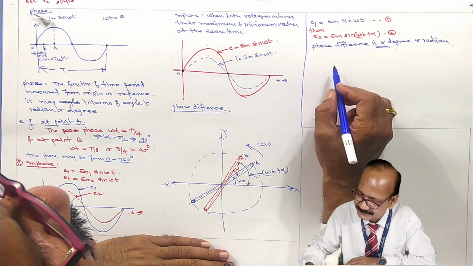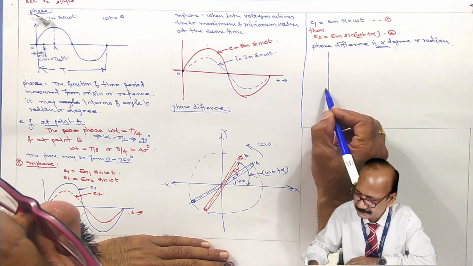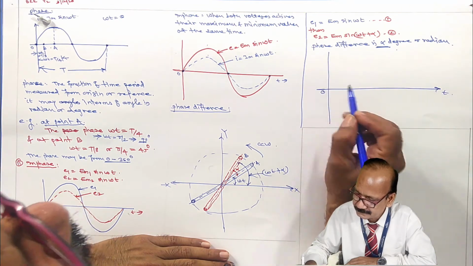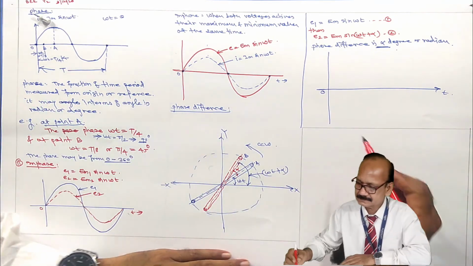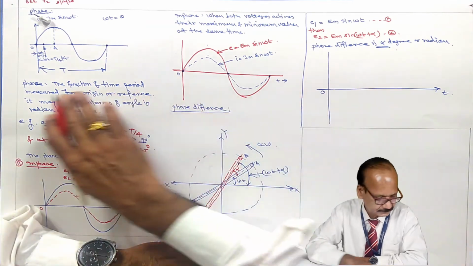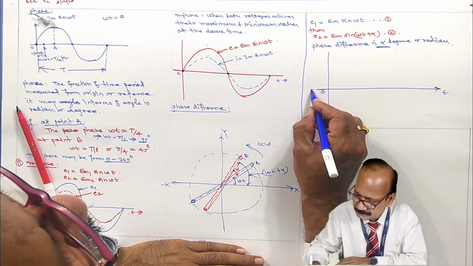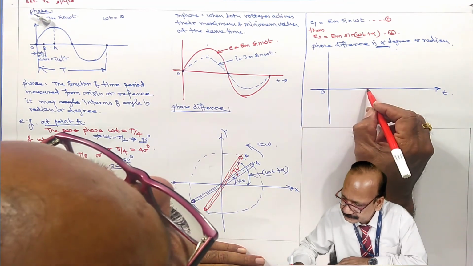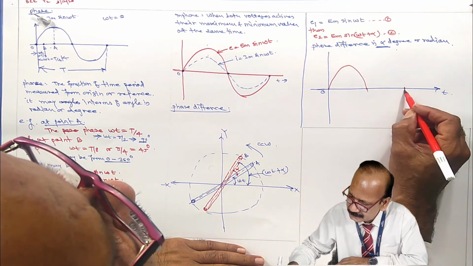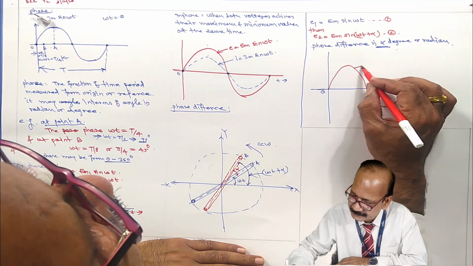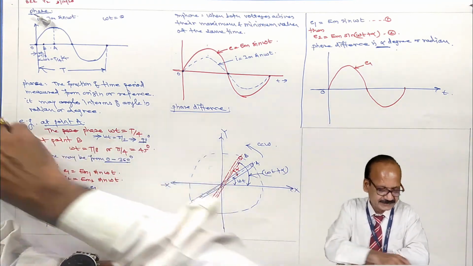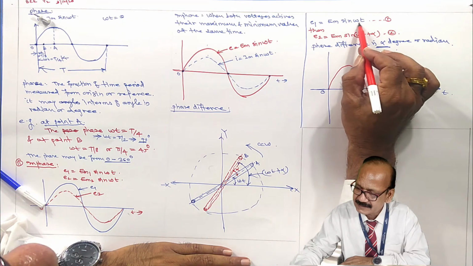Let us see their waveforms. See, this is E1. It starts from the origin because it is the reference.